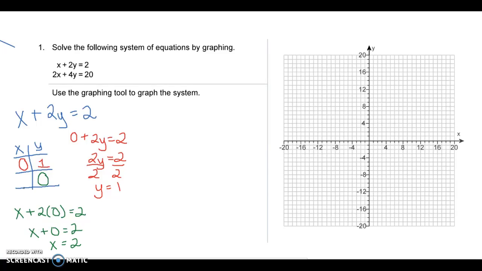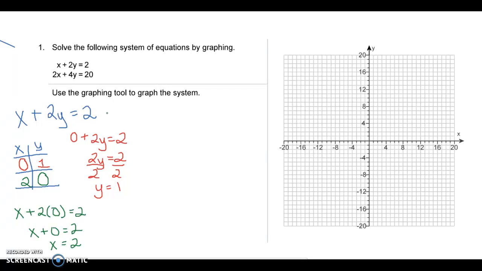So I get x equals 2. Again, I can plug in whatever I want. If you pick numbers other than zeros, pick a number that divides by 2, like 2 or 4 or 6. Now I have one ordered pair 0, 1 and an ordered pair 2, 0.